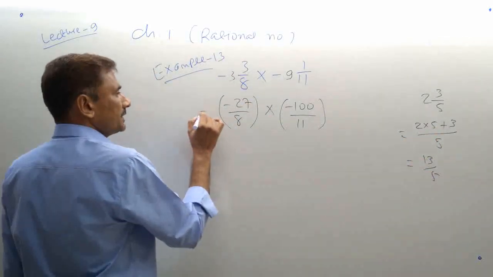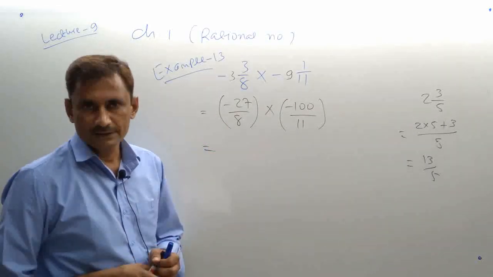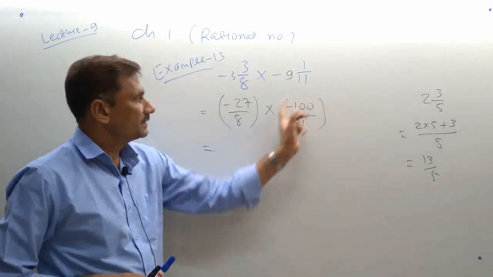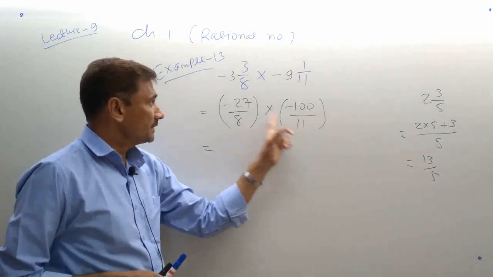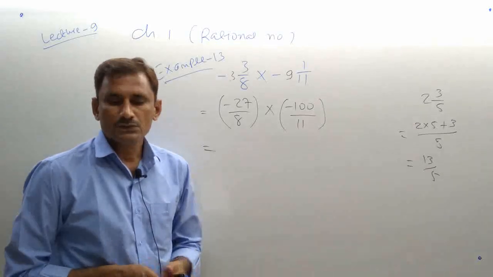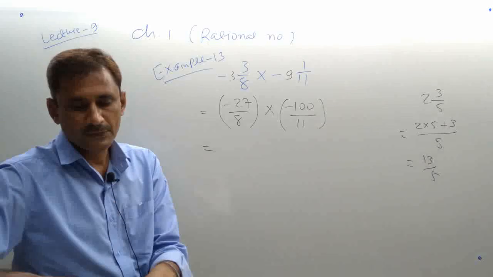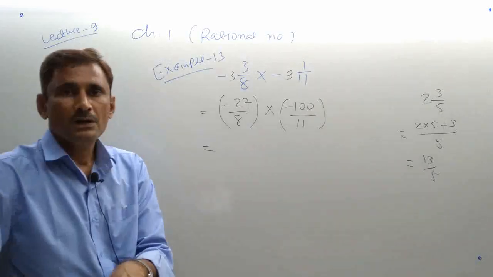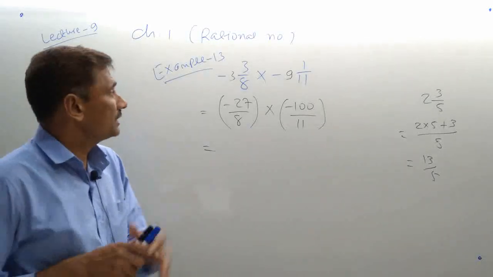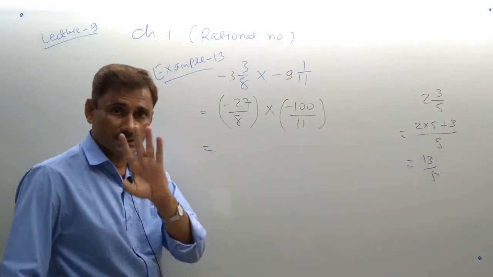So now if any cutting is there, you can cancel them out because there is a multiplication sign in between. If cutting is possible anywhere, you can do it. Understand again how I converted them into fractions only. They are called improper fractions. Proper and improper are the two main types of fraction you know.